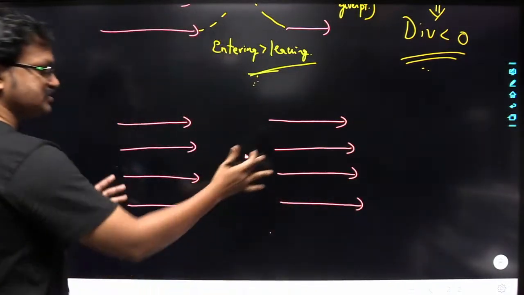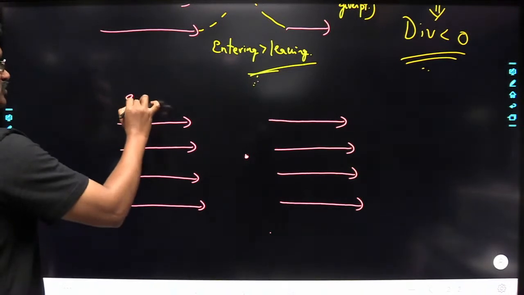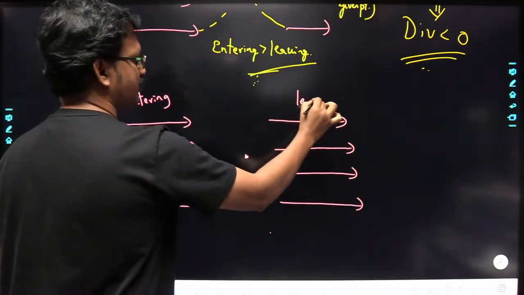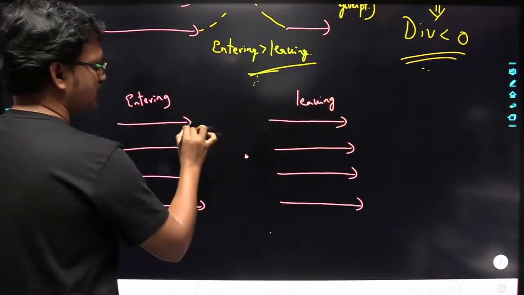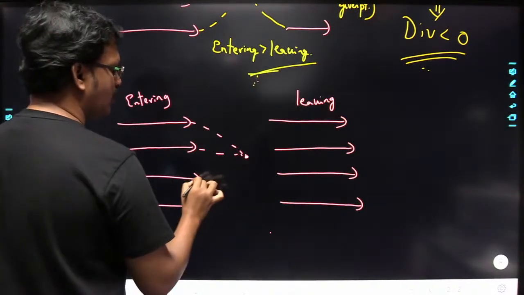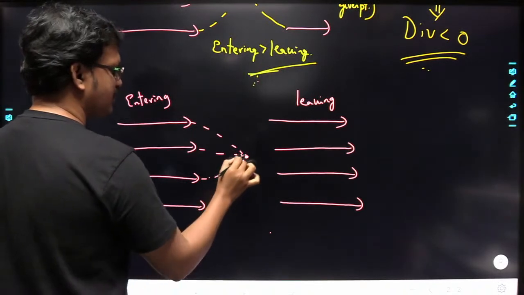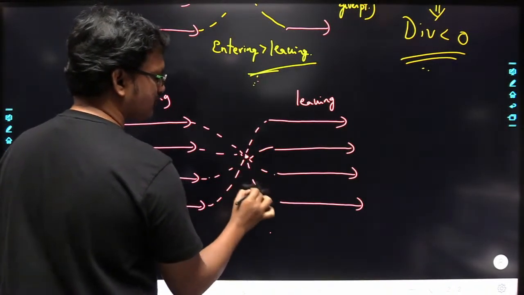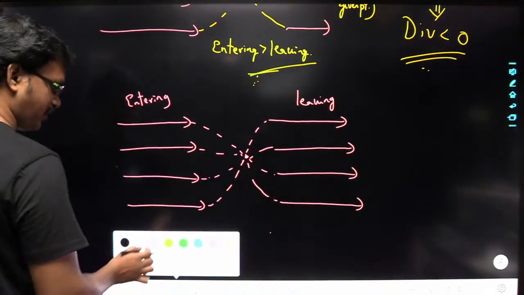This is the field that is leaving from this point. So this is entering and this is leaving. Now in this case you can observe that whatever field is entering, the same field is leaving from this point, right?